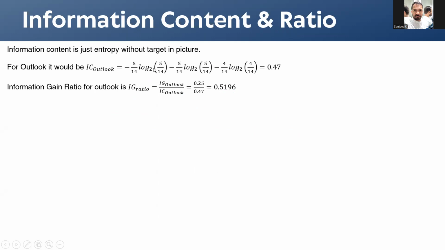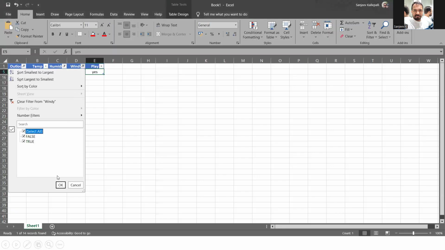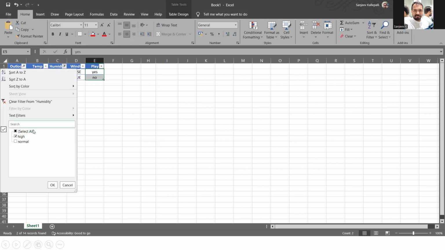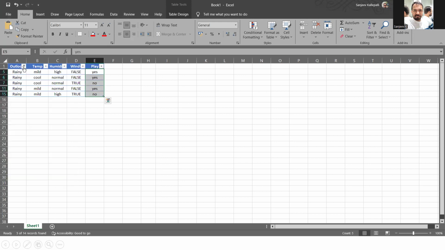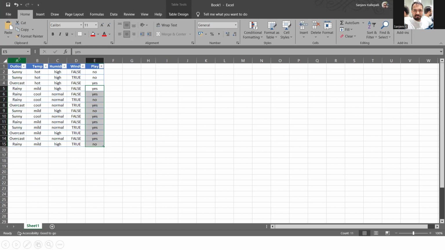I'm not looking at my target column. I'm just looking at, for example, outlook. Let me go and remove all of this.